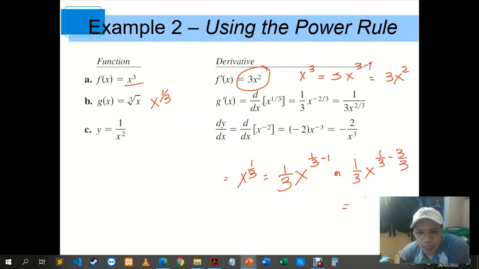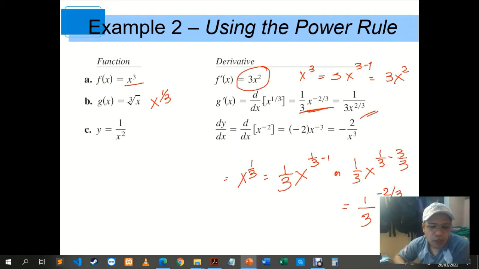That's why meron tayong 1/3 x raised to negative 2/3. Ayun siya. So rewrite, since negative yung exponent, kaya 1 over 3 x raised to 2/3.